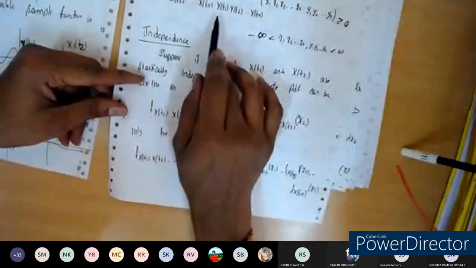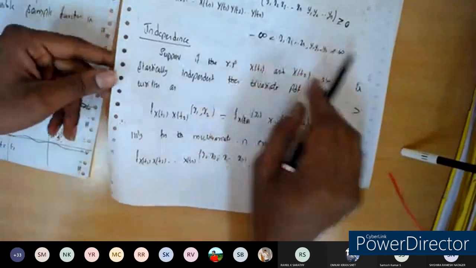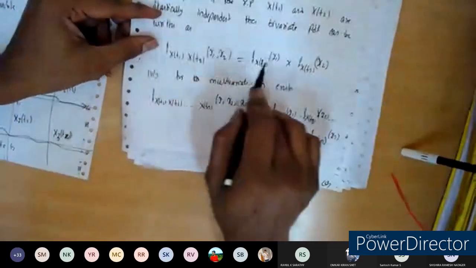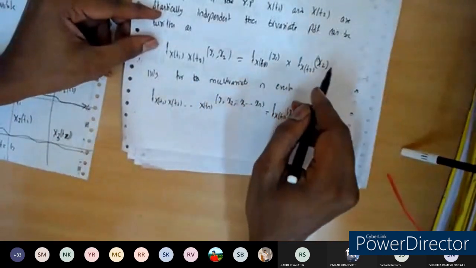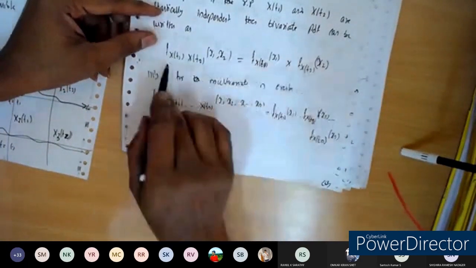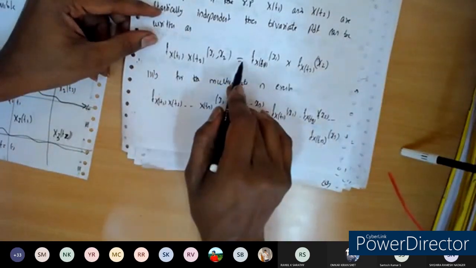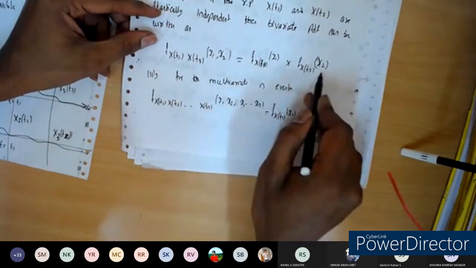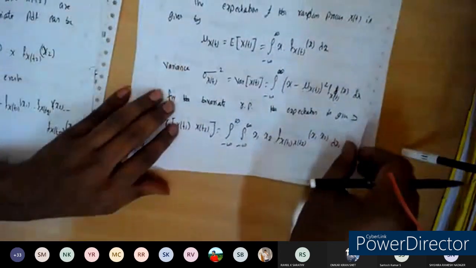We know statistically independent events: if the occurrence of one event does not depend on the occurrence of the other, we call them statistically independent. Based on that, any joint or multivariate random process can be expressed as the product of the individual PDFs.